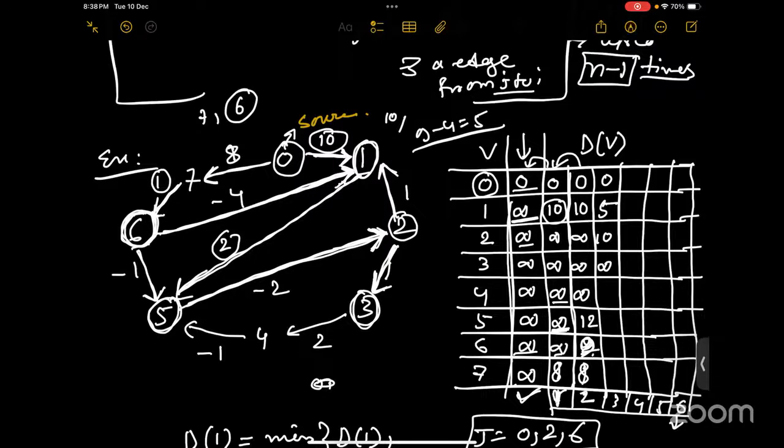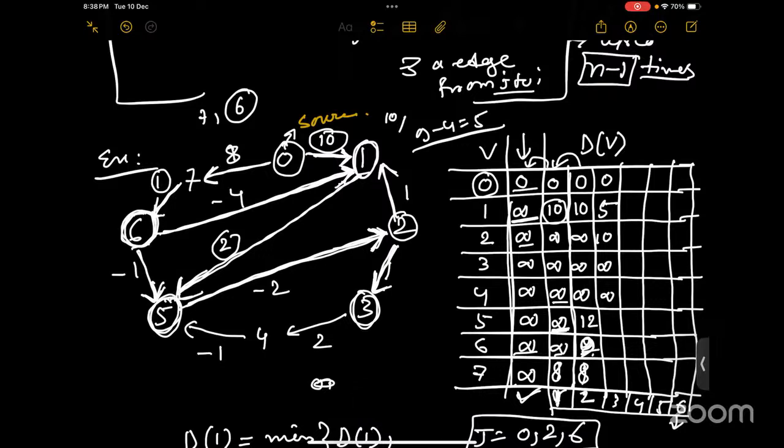Yes. 4, infinity. 5. So we have these edges, 6 and 1. We have to consider 6 and 1. 8, ma'am.